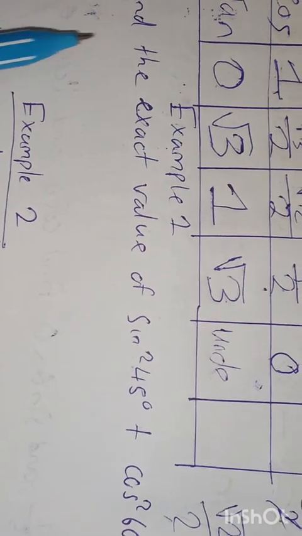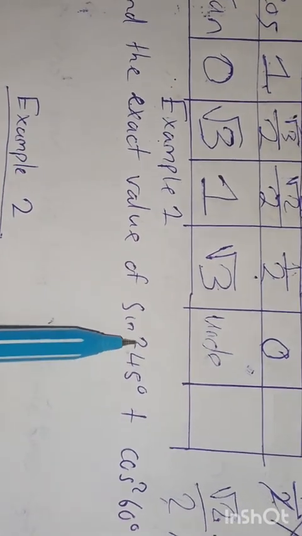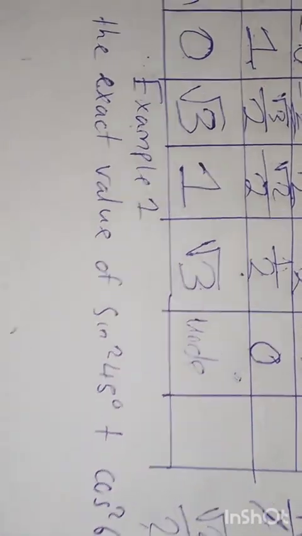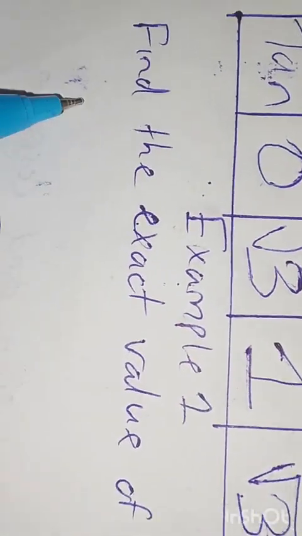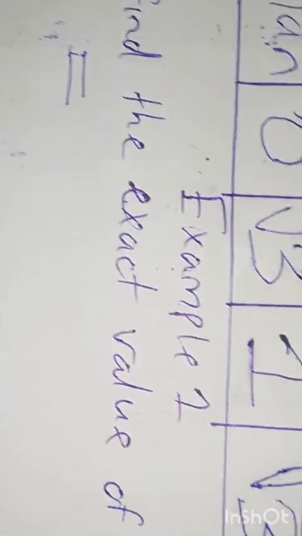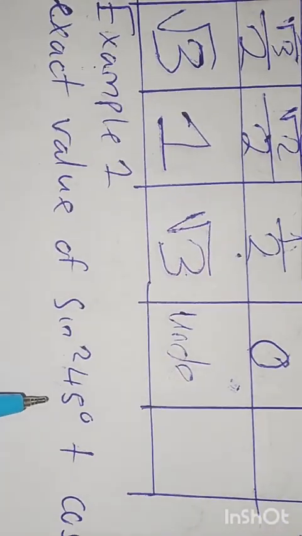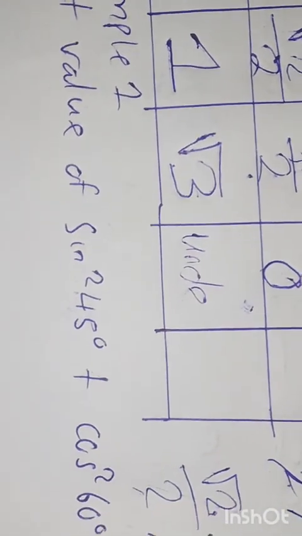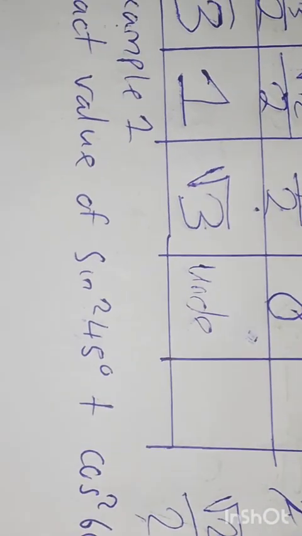Example 1 says find the exact values of sine squared 45 degrees plus cos squared 60 degrees. So how are we going to answer it? We have sine squared 45 degrees. The only thing you have to know is what happens in sine at 45 degrees.